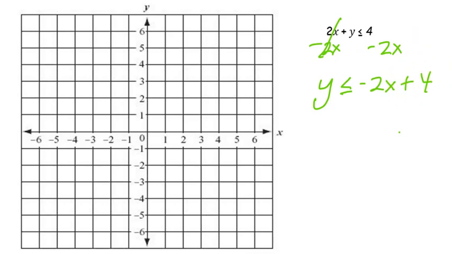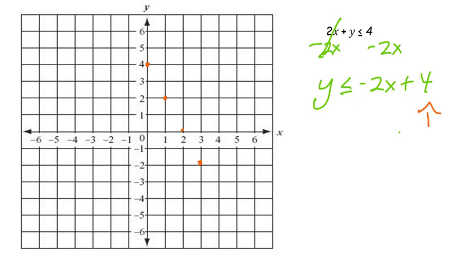Here we go. So the first thing I see is that my y-intercept right here is 4, and that's always my starting point. So I find positive 4 and put a dot right there. From that point, there's my slope. It's a negative 2. So I'm going to go down 2 over 1, down 2 over 1, and so forth.